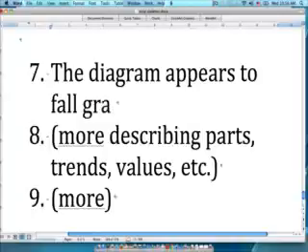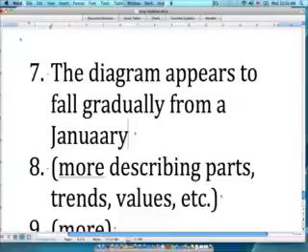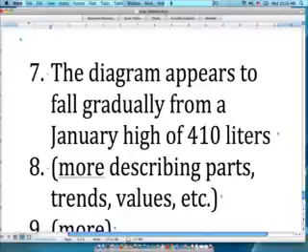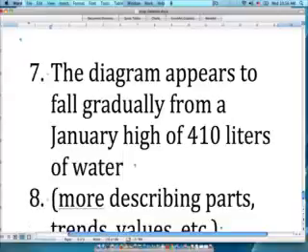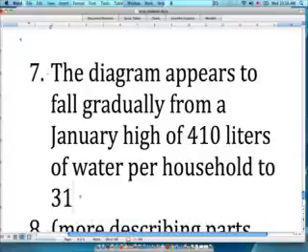fall gradually. As if you remember from before, we had the word modestly. We could put that in here too. Fall modestly. Let's say from a January high of 410 liters of water per household to, perhaps 340, not 310, liters in May.